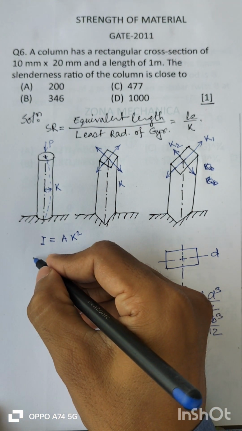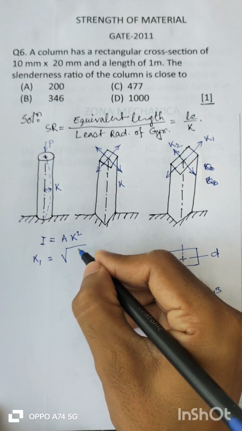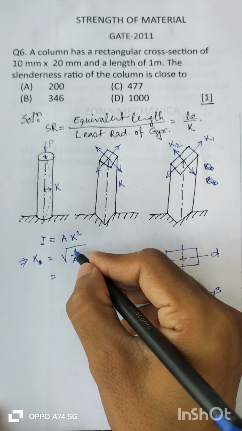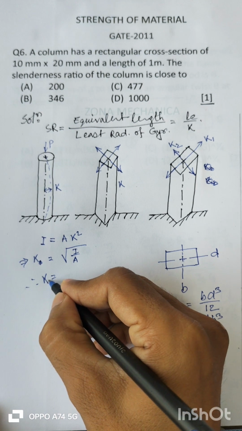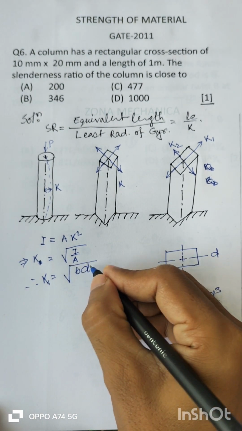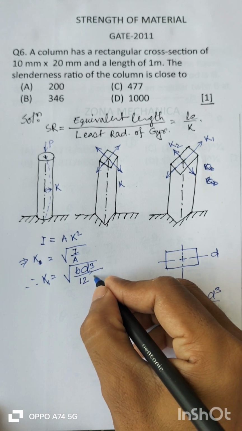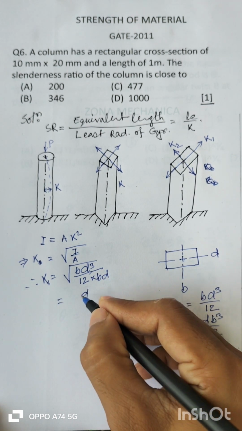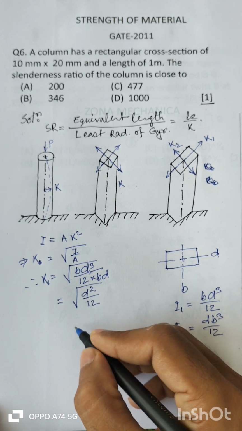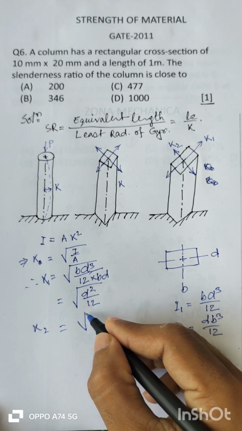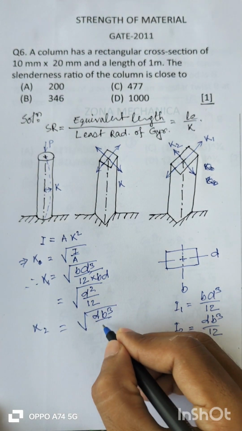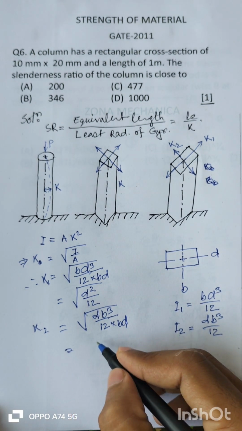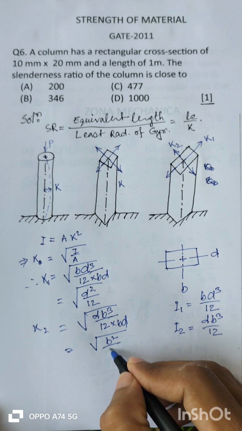So K will be root over of I by A. So K1 will be root over of B d cube by 12 into B into D, that is root over of D square by 12, and K2 will be root over of d B cube by 12 into B D, that is root over of B square by 12.